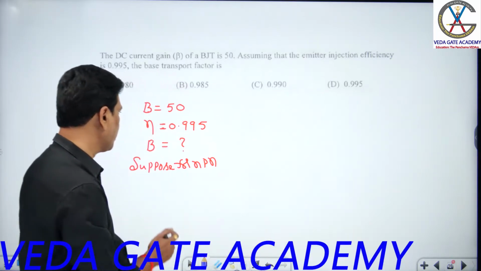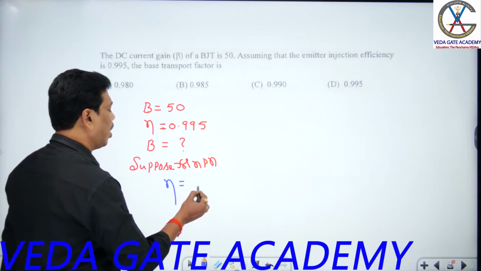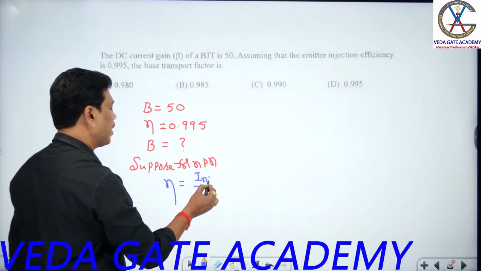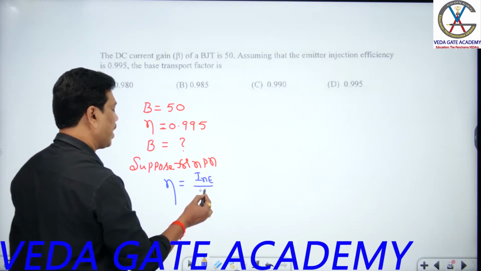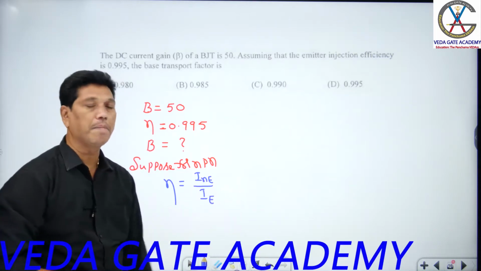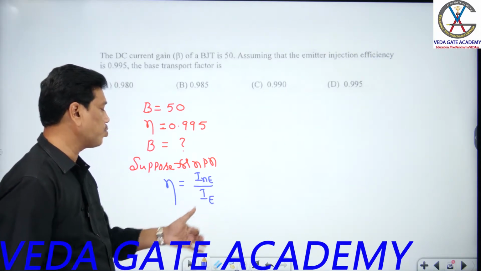So what is the emitter injection efficiency? You know, emitter injection efficiency is eta, not alpha, students. You are asked for the base transport factor B. Suppose I take the transistor as an NPN model. Emitter injection efficiency is defined as the emitter diffusion current over the total emitter current, that is INE by IE. This is for NPN. So emitter injection efficiency for NPN equals INE by IE, students.